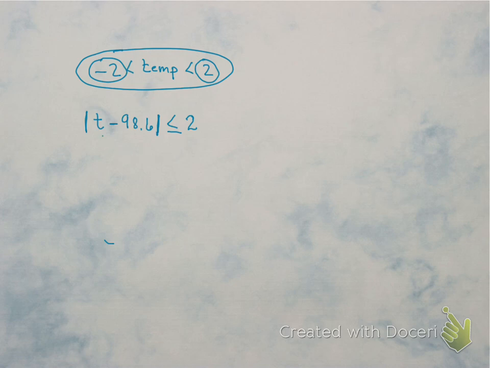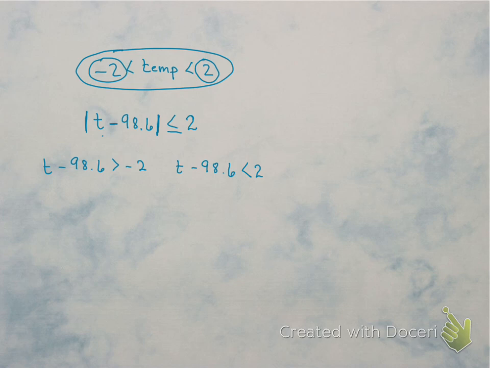So now that we've got the absolute value inequality, knowing that this is a conjunction, we are going to be greater than the negative and less than the positive. So these are the allowable values for the temperature, okay? T minus 98.6 less than +2. And I'm going to erase that just to get that out of the way, okay?